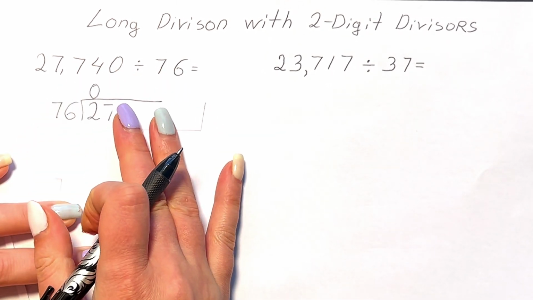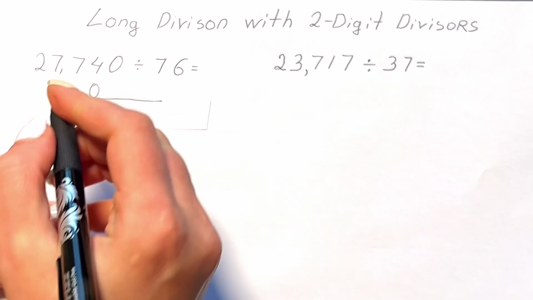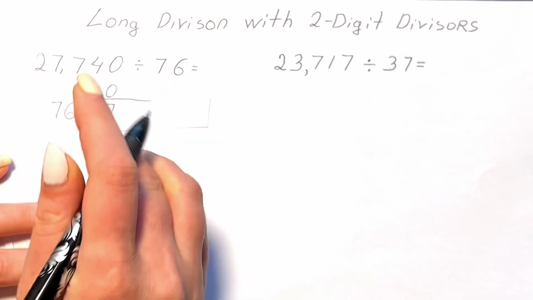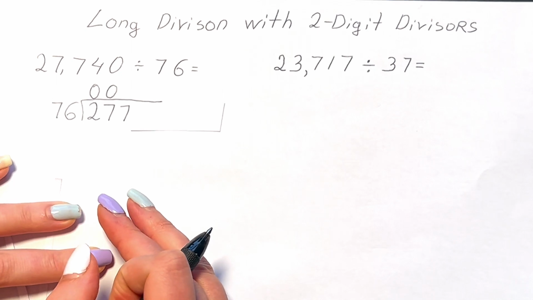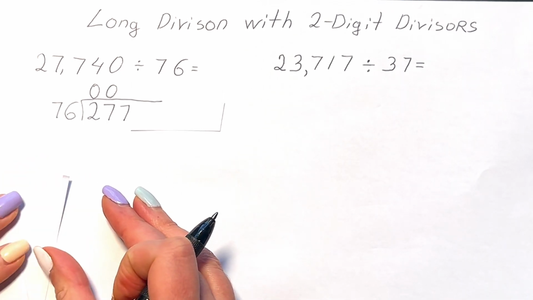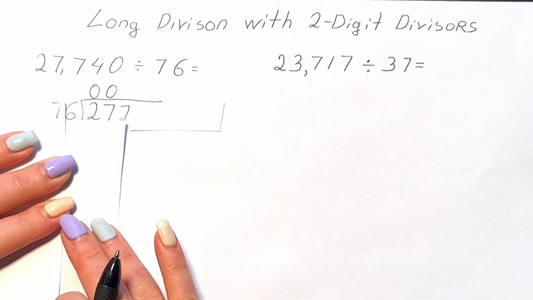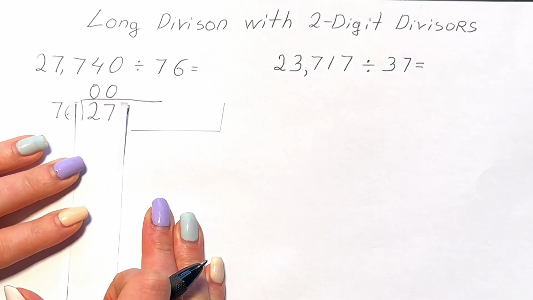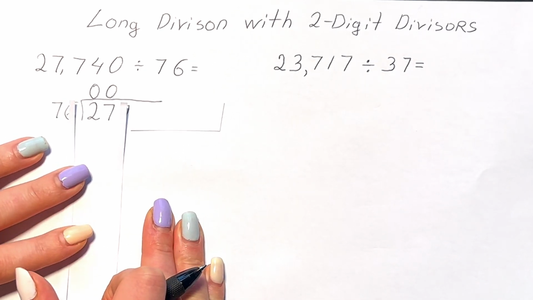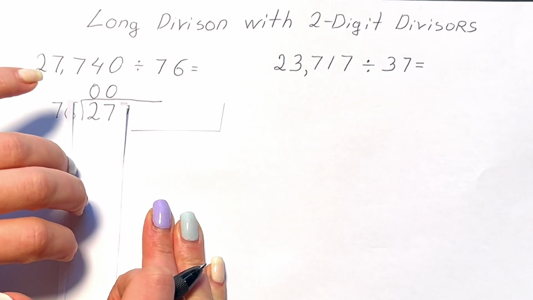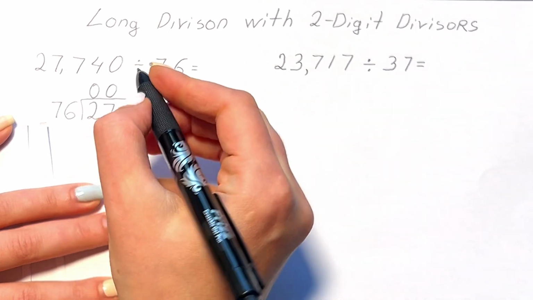I will bring the next digit. 76 goes to 27 0 times. I will bring another digit. 76 goes to 277. Let's cover the last digits. Okay, 7 goes to 27 3 times. It means 76 goes to 277 3 times.